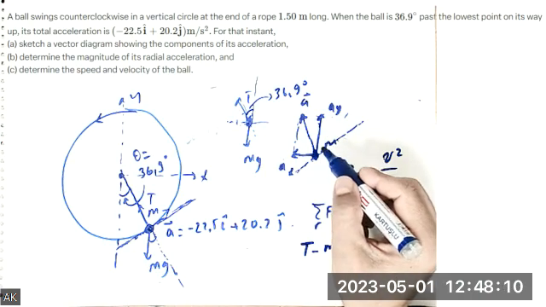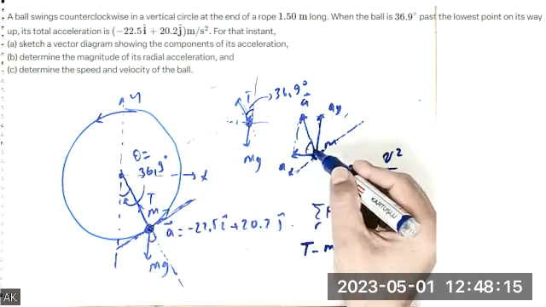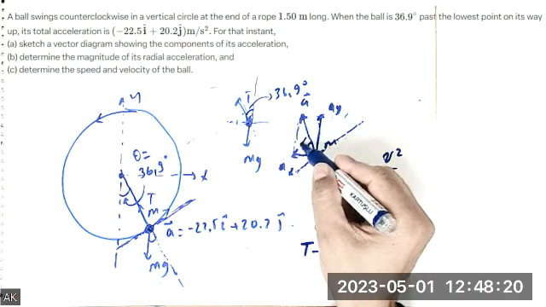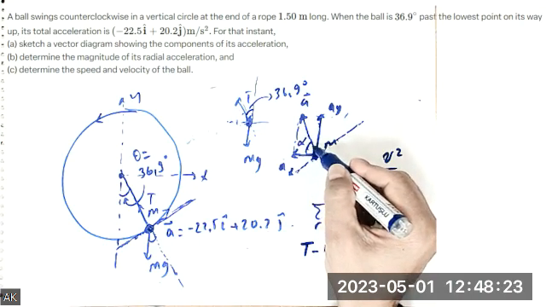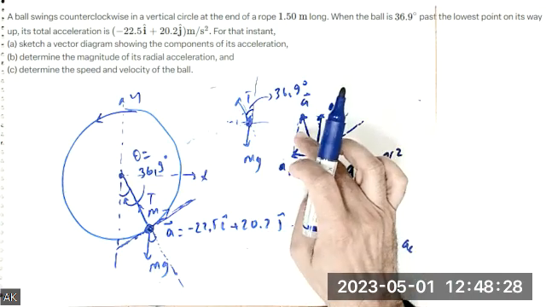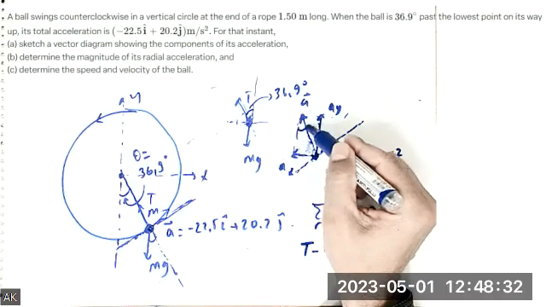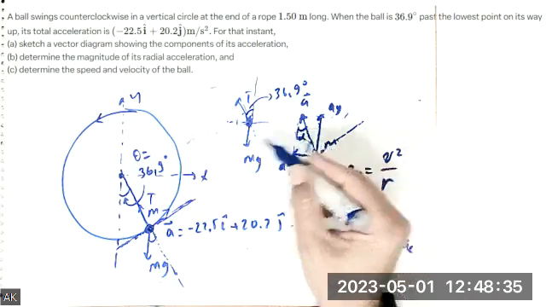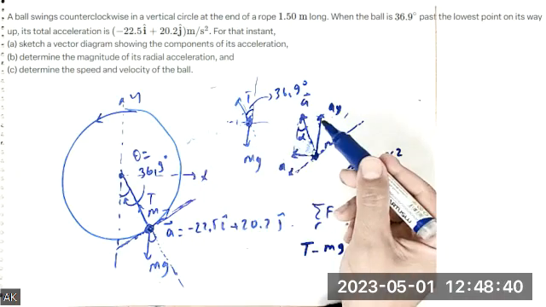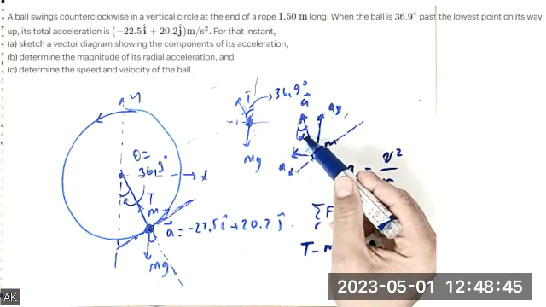The acceleration vector has an angle with the horizontal. Let's find the angle of the acceleration vector with the horizontal. Let's say this angle is alpha. This alpha angle is not necessarily equal to this angle, which is 36.9 degrees, but we can find what this alpha is.